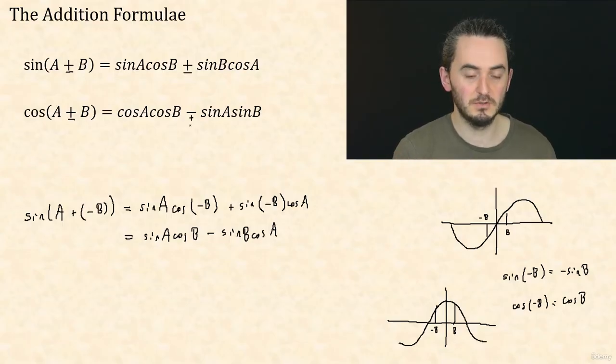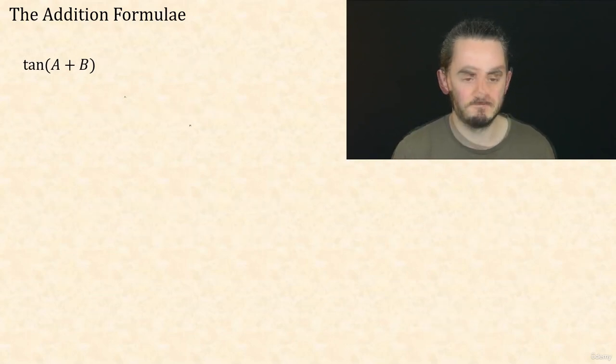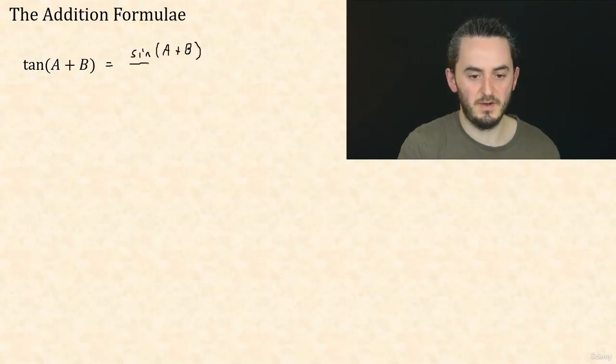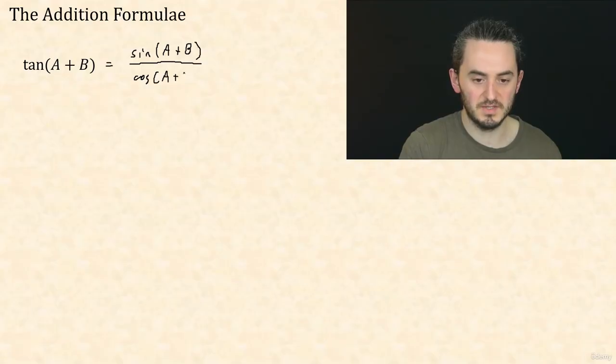Okay, so those are the full addition and subtraction formulas for sine and cos. What about for tan? What we know about tan is that tan of A plus B is the same as sine of A plus B divided by cos of A plus B. So let's just use our new formulas and expand.